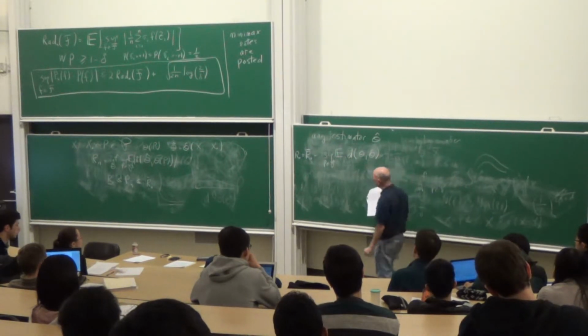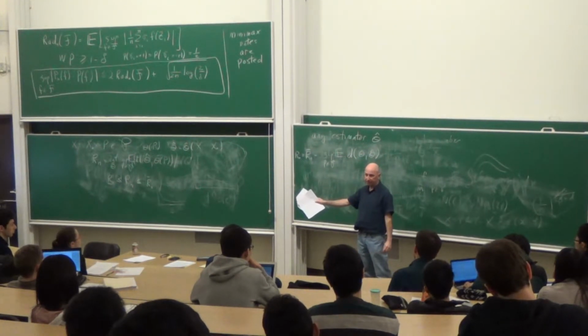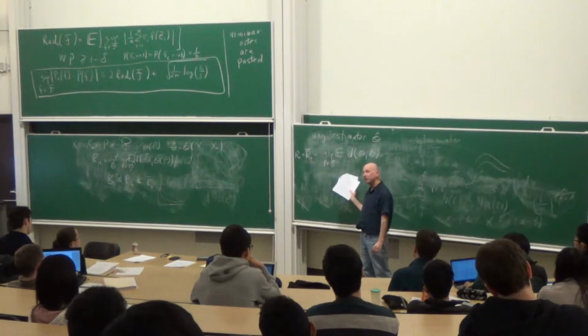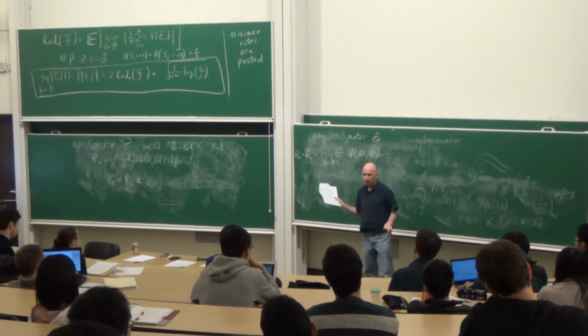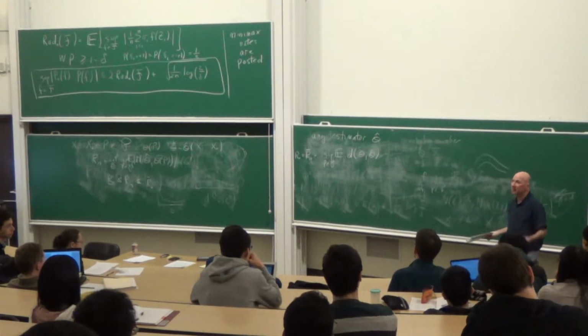Then somebody came along the next year and showed the lower bound was smaller, and in fact found an estimator which achieved the lower bound, so that showed the original estimator was not optimal. So sometimes you just take a guess at an estimator and things work out great, sometimes not so good.